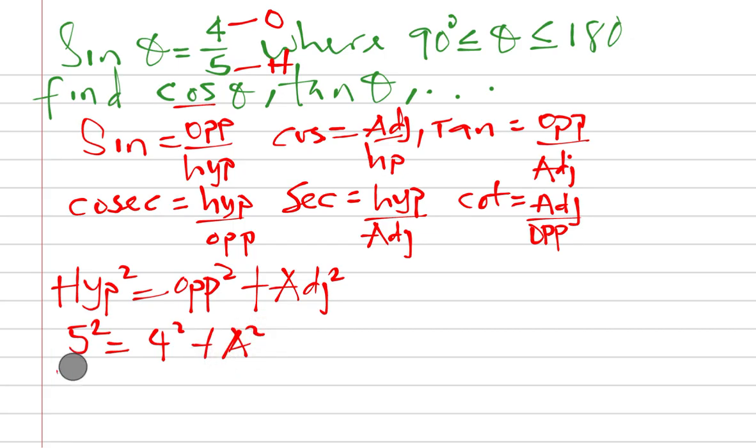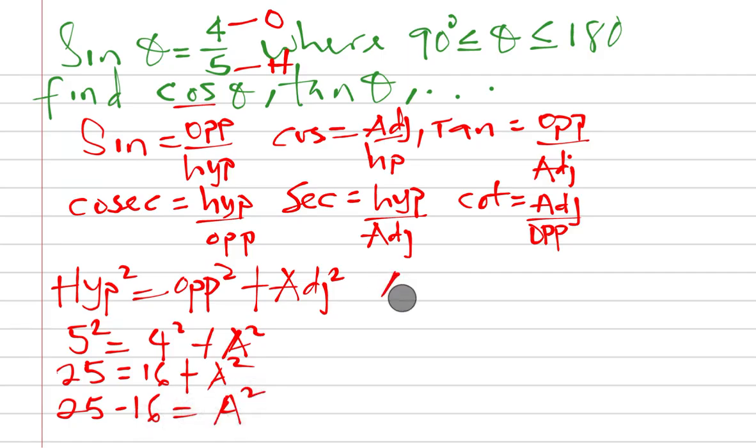So 25 equals 16 plus a squared, and that gives us 25 minus 16 equals a squared. So a squared is equal to 9, which means a is equal to the square root of 9, which is plus or minus 3. That means our adjacent is plus or minus 3.